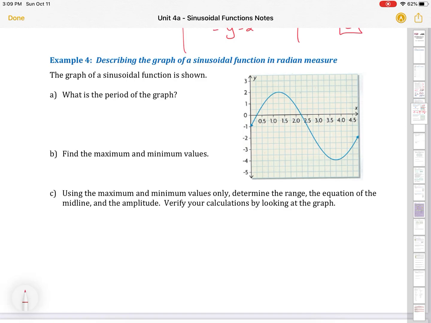So what is the period of the graph? So half a period is 2.5. How do I know that? Well, let's take a look.